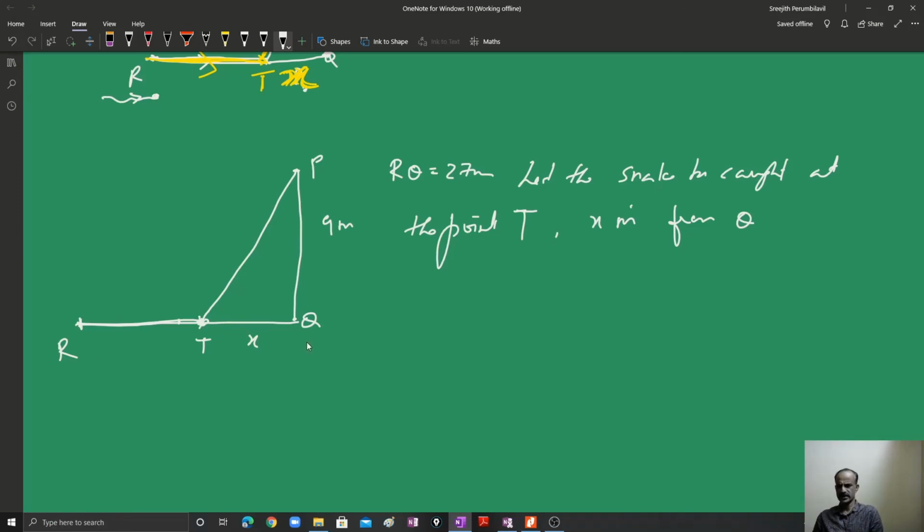RQ is 27. This is x. So what is RT? The total is 27, so this is x and this is 27 minus x.